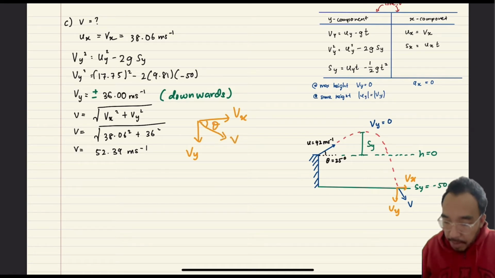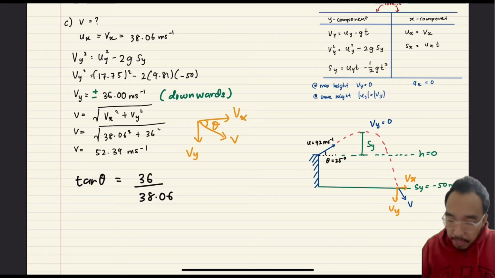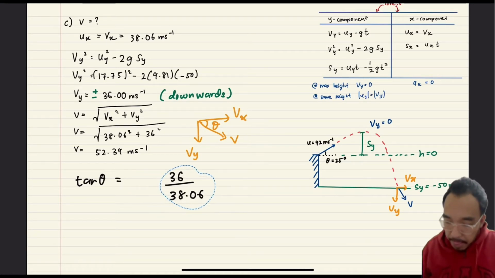If I want to find my angle there, I use tangent theta equals Vy over Vx, 36 over 38.06. So it's actually Vy over Vx.